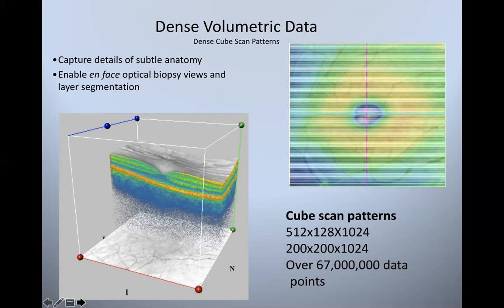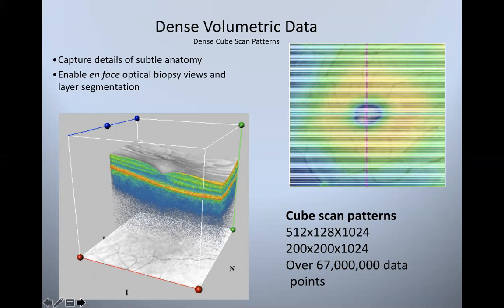Now, if you take multiple B scans, you can build a volumetric or three-dimensional view of the retina. We do this on a lot of different systems. They're called cube scans or raster scans, or there are several different names for it, but basically it's taking multiple B scans across a section of the retina and using all that information to build a three-dimensional model in the back of the eye.